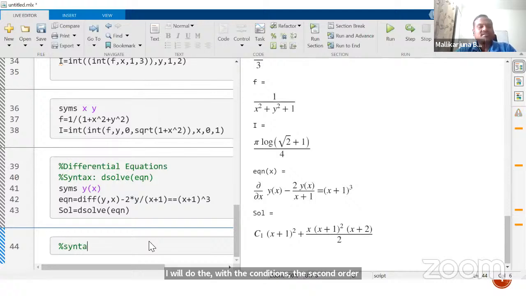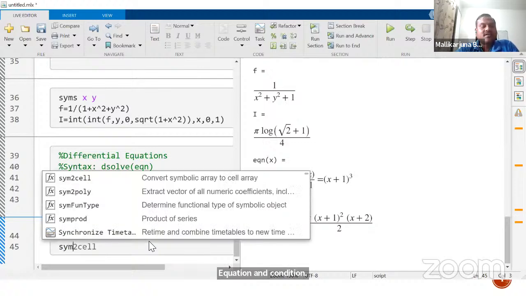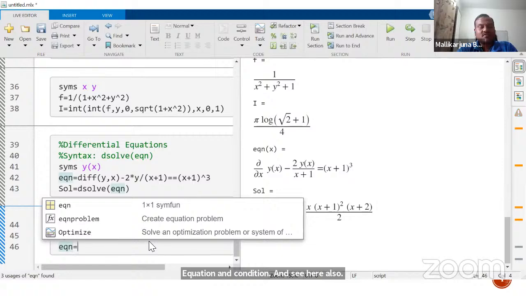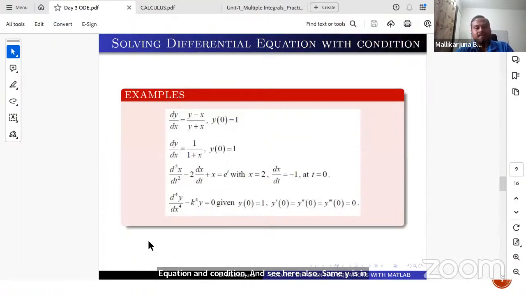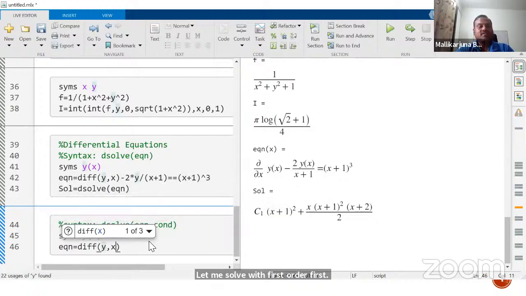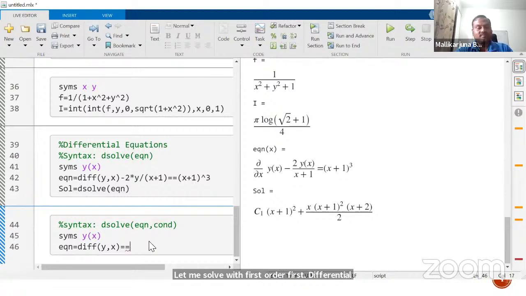Now the syntax for this is simply the same: equation and condition. That's all. And here also y is in terms of x. What is the equation? Let me solve with first order first. The differential equation of y with respect to x is equal to 1 by 1 plus x.